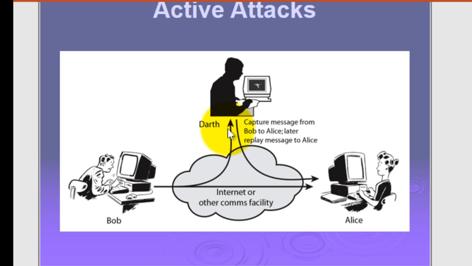For example, you are using an email and this email password is identified by one of your friends. He could open that email and observe your messages, from where you are getting what messages, and he is not doing any modification and is just signing out. You are not even aware that someone is opening your email. So you can't even correct it, you can't even change your password, because you are not aware.